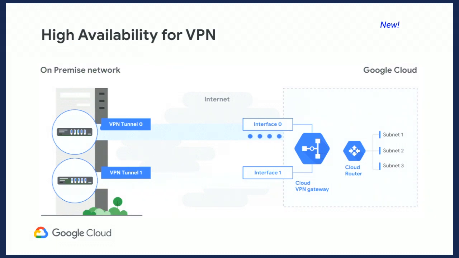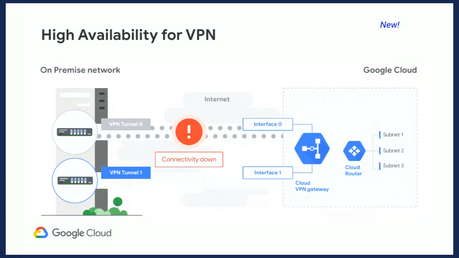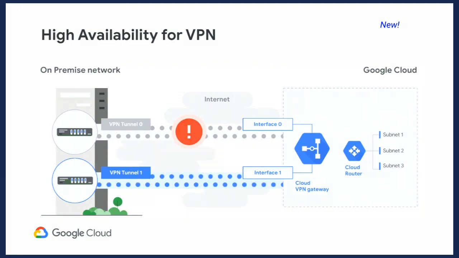Now, another feature that we are really excited to announce the availability for is the option to create highly available VPN connections. The way you would do this is you would create two interfaces on your VPN gateway, and you would connect from your on-prem to both these different interfaces.